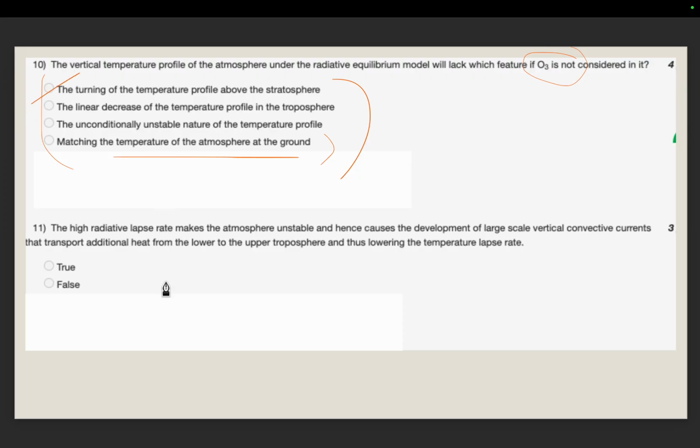Question 11. The high radiative lapse rate makes the atmosphere unstable.